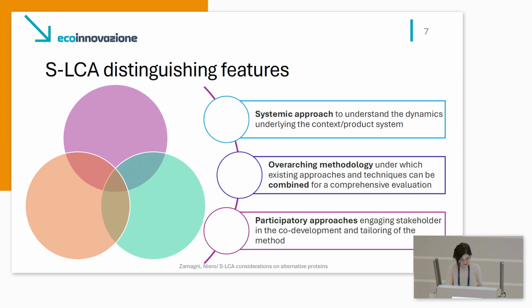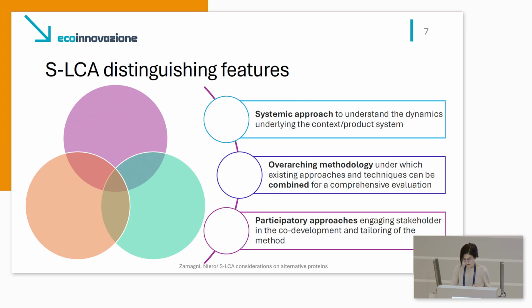Last but not least, as is mentioned here, social LCA uses techniques that are also common to other social sciences and other fields, such as techniques for engaging with stakeholders. So participatory approaches are key because social impact affects humans, and we need to talk with people in order to understand what the relevant issues are that we need to tackle.